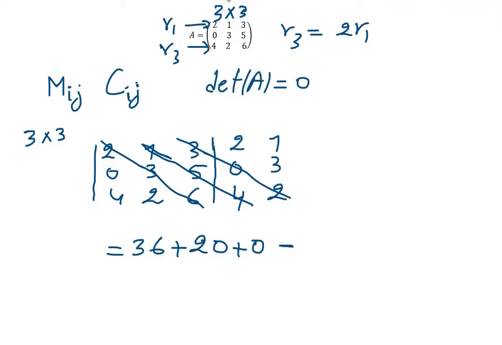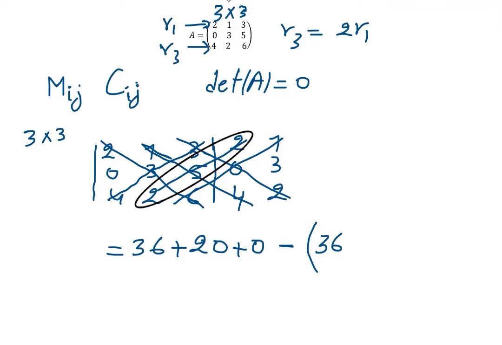And then take minus the products in this other direction: 3 times 3 times 4, which is 36, and 2 times 5 times 2, which is 20, so plus 20, and 1 times 0 times 6, which is 0. So it will be 36 plus 20, minus 36 minus 20.